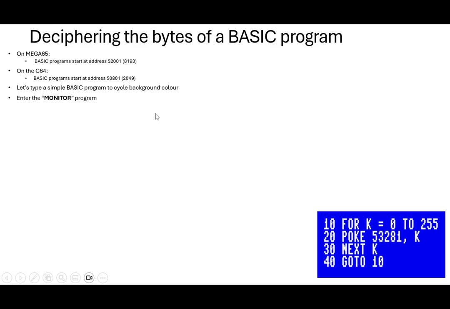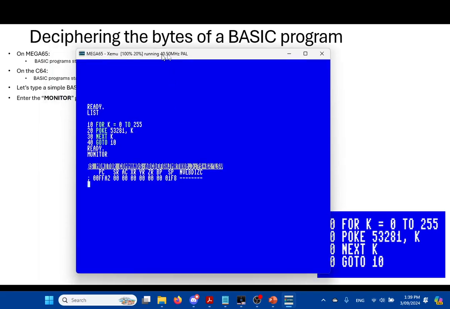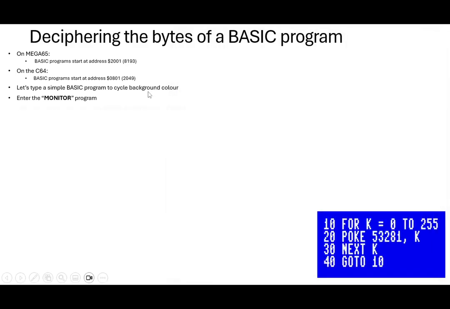Oh yeah, we can enter the monitor program, which I can do easily. I just type monitor, and here we are. So what's our plan next? Take a look at the bytes that were placed in memory with M2001, which is for me the Mega 65. If you do this example on the C64, you'd see something similar at address 801.